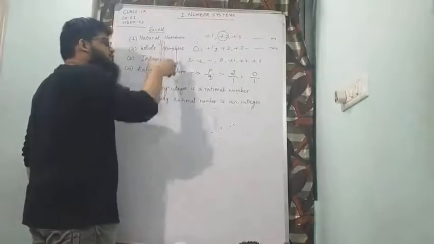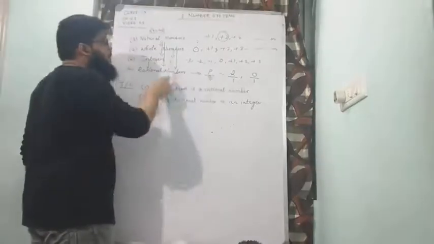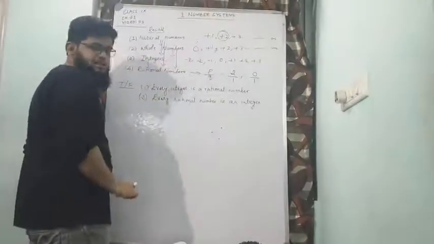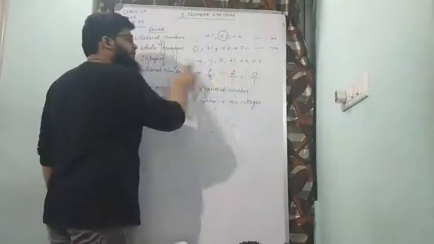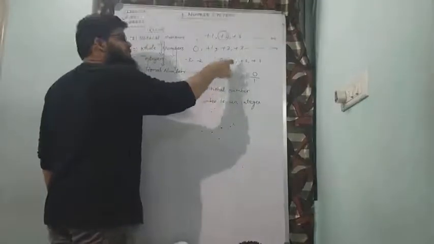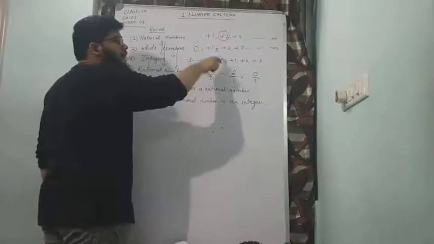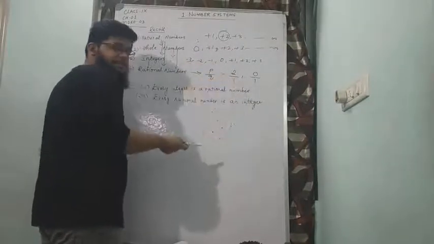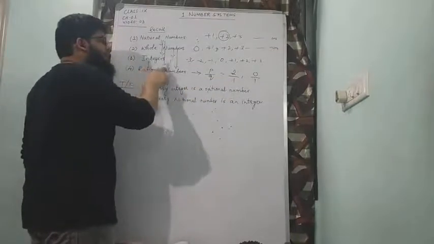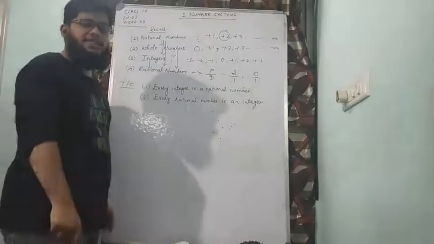So all whole numbers are also rational numbers. All integers are also rational numbers. Integers have all positive numbers, negative numbers, including 0. Every positive number, every negative number and 0 can be written in the form of p by q. I showed some examples here, and therefore every integer can also be called a rational number.